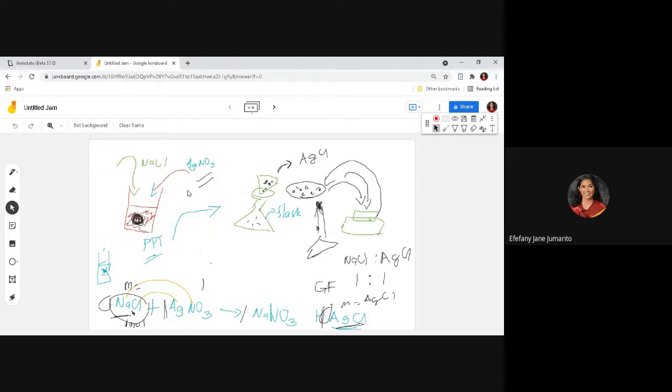So again, gravimetric analysis is adding something to your solution, like AgNO3 in this case, to your NaCl, because we want to know the weight of our NaCl, and we cannot do that directly because it's an aqueous solution.